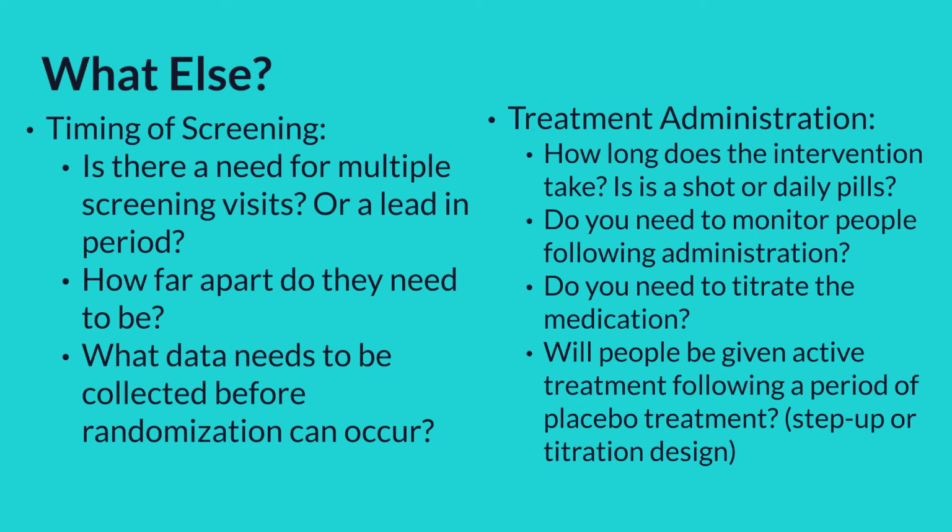That is, are you waiting for somebody to hit a threshold of worsening before you give them treatment? So is there any placebo time for your participants before they get active time? So you have to think about these things because they will impact where your baseline measure is and how much variability you have at your baseline measure. And that, of course, directly impacts your change score, which impacts the comparison of the changes in your treatment arms. So all of these things need to be considered when you are designing a study.